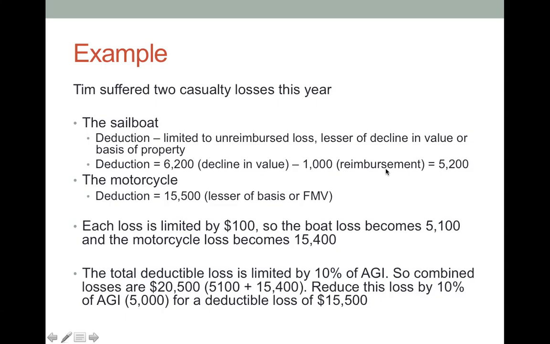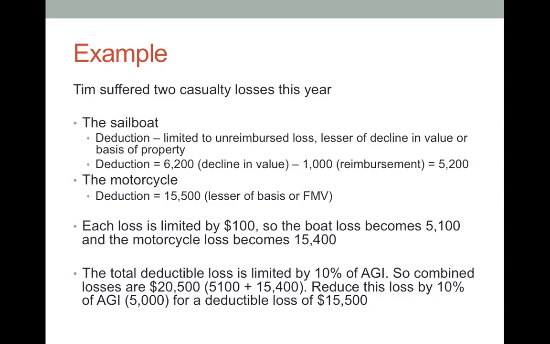This is a reimbursement. Remember, you can only deduct unreimbursed losses or unreimbursed expenses, so the amount for the boat becomes $5,200 after we account for the insurance reimbursement. The motorcycle was not insured, so the amount we're dealing with is $15,500, which is his basis, which is less than the fair market value. So that's where that number comes from.